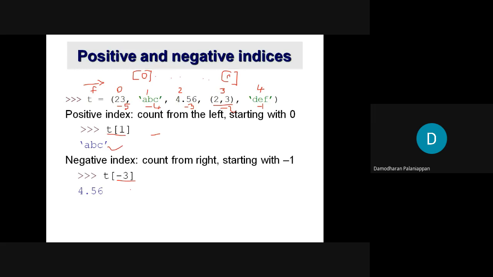If you're moving in the forward direction, you start from zero. If you move in the reverse direction, that is a negative index, you start from -1. Now I'm stopping the screen and switching to the Python window for execution.